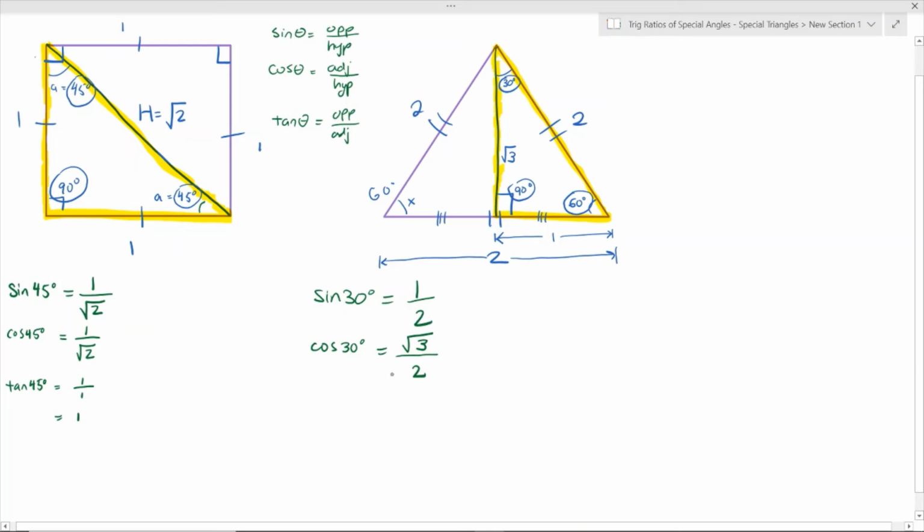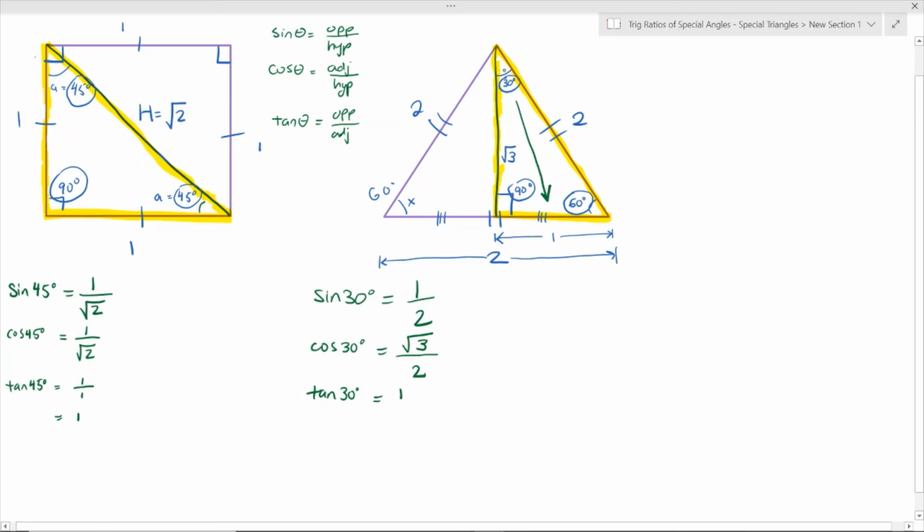Now how about for tan 30 degrees? For tan 30 degrees, we need to look at opposite over adjacent for 30 degrees. The opposite side is right here, and it's going to be 1 as mentioned before, because it's opposite from 30 degrees.